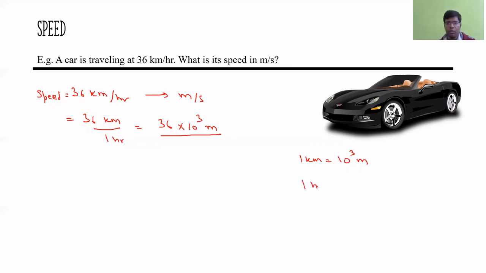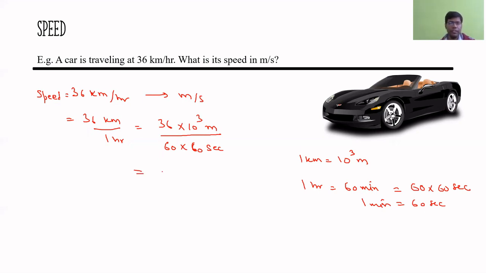I know 1 hour is equal to 60 minutes and 1 minute is equal to 60 seconds. So 60 minutes will be 60 multiplied by 60 seconds. This is how I have converted kilometers per hour into meters per second.